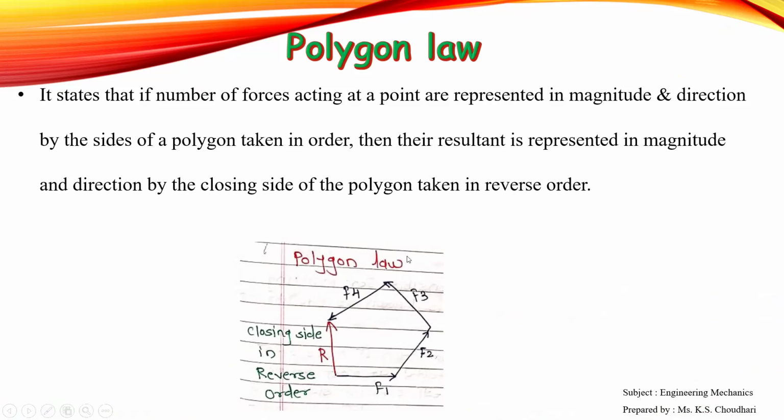Okay, observe the figure. Anti-clockwise rotation is there, but this is the resultant. This resultant does not follow the rotation. This direction is opposite to the rotation. Okay, and this is the closing side of the polygon also. This is nothing but the polygon law.